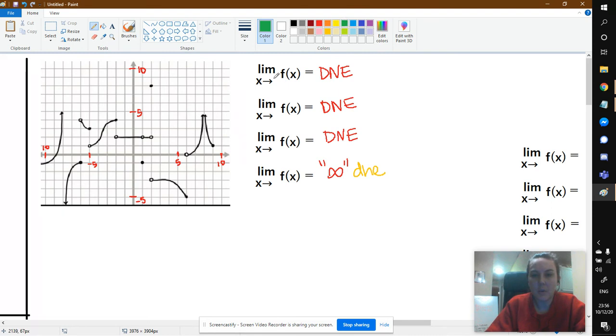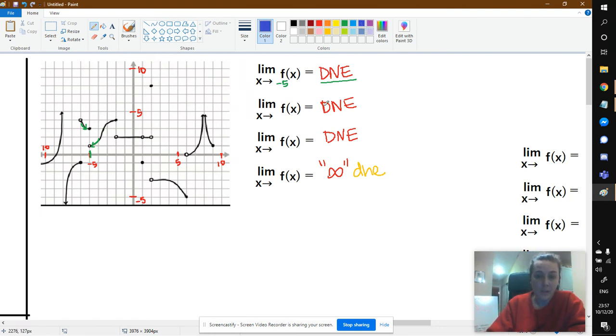So for here, if I wanted to find a limit as x approaches a number where the limit does not exist, one such number would be -5, right? At -5, from the right, we're approaching 1. From the left, we're approaching 3. Because those numbers are different, because there's a jump, the limit does not exist at -5.